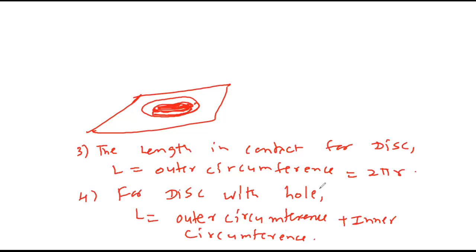Copy this 2 point. For a disk, only the circumference from outside, and if it has a hole, then outer plus inner, because water will come from inside as well as from outside. Yes, Vrunda, any doubt? No, sir. Okay.